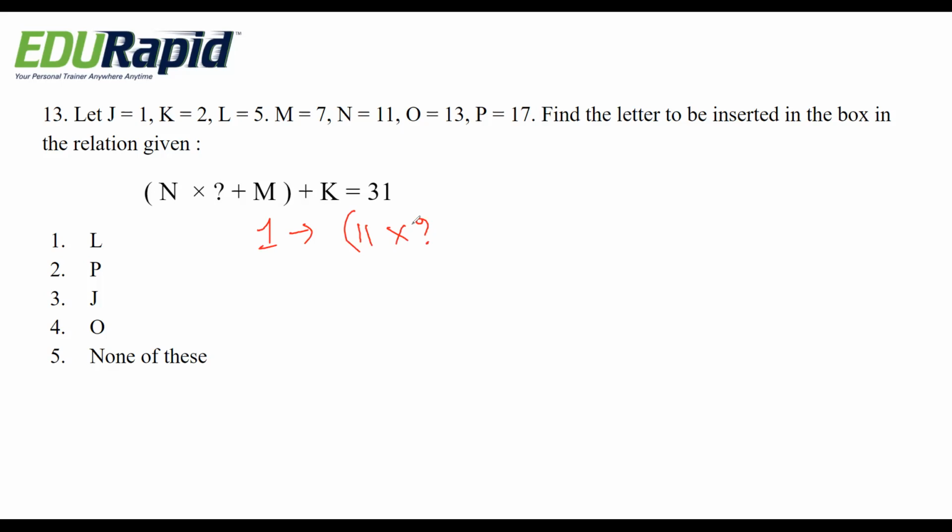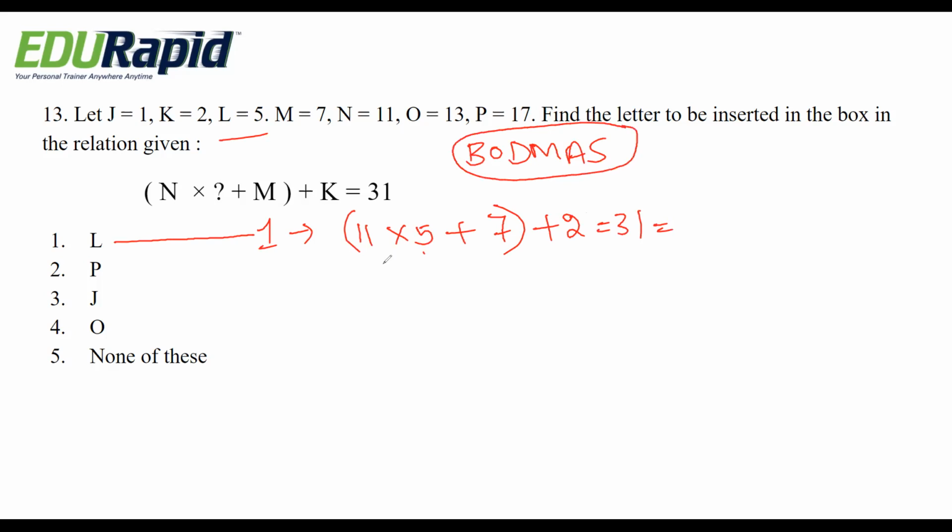For option 1 we are checking, that is L. For L it is 5. 11 into 5 plus M means 7 plus K means 2 equals 31. Here you have to follow the BODMAS rule. Bracket of, after that division, multiplication. 11 fives are 55. 55 plus 7 is 62, plus 2 is 64, equals 31. So it is not balanced.